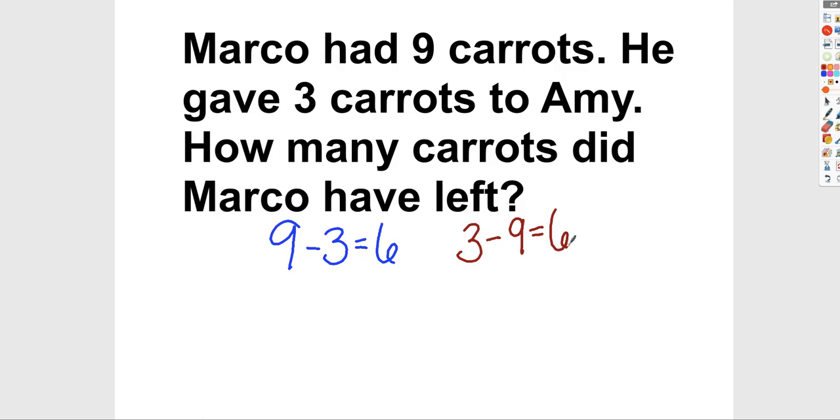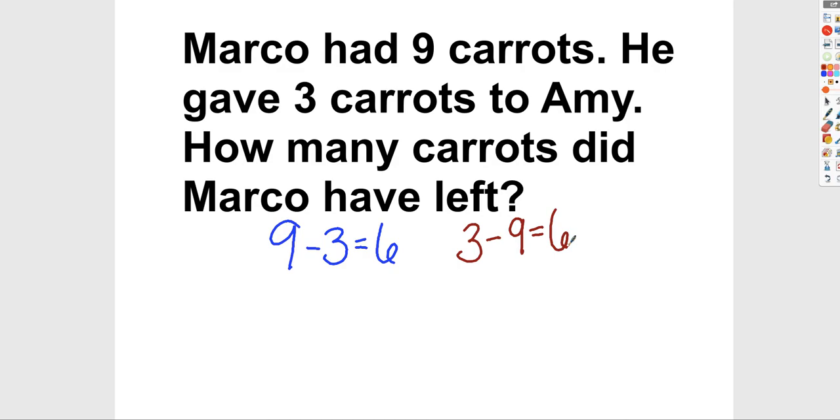You want to know why that is? Because in subtraction, you always, always, always have to start with the biggest amount because you're taking away. You can't take away something big from something small. 3 is a small number. I can't take 9 away from it because it is too big.